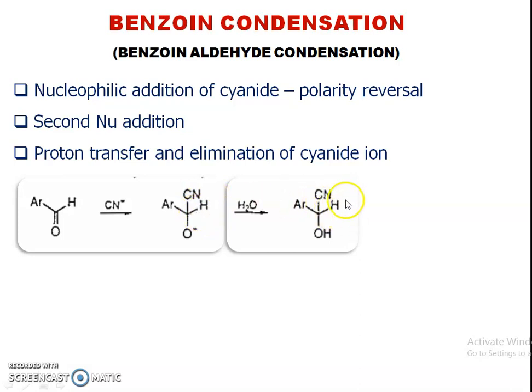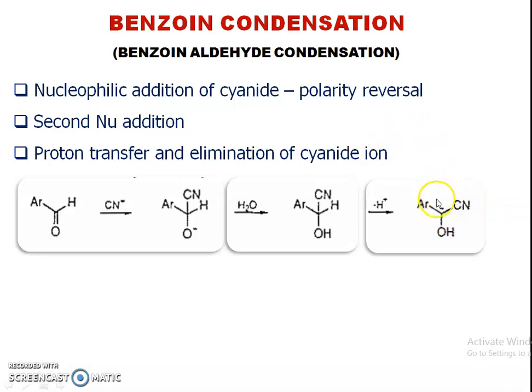Then this hydrogen can be removed in the presence of a base. A reversal of polarity occurs here because of the cyano and aromatic group. This carbon becomes negatively charged and nucleophilic.